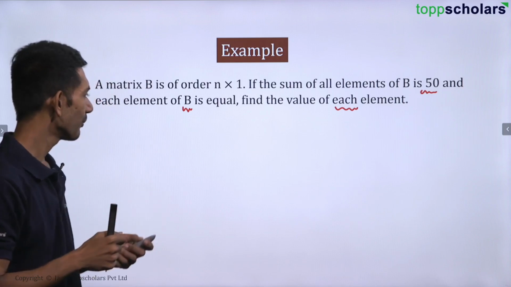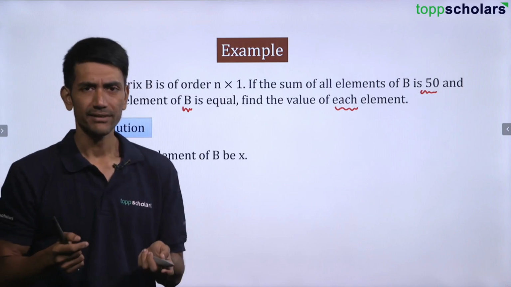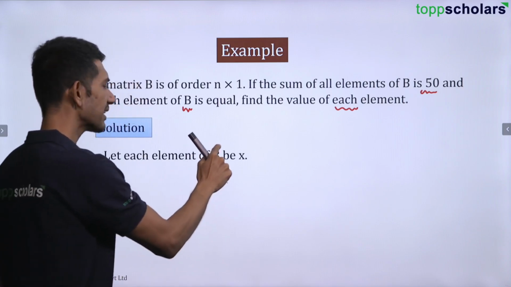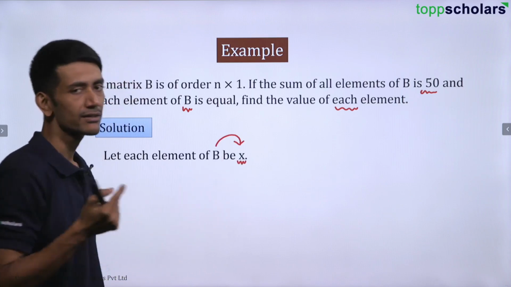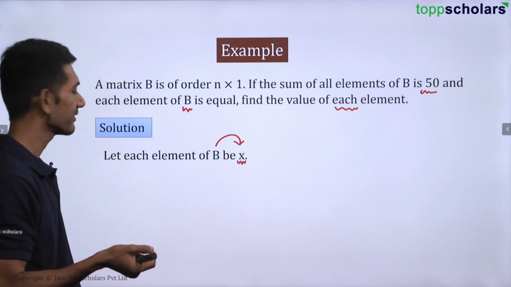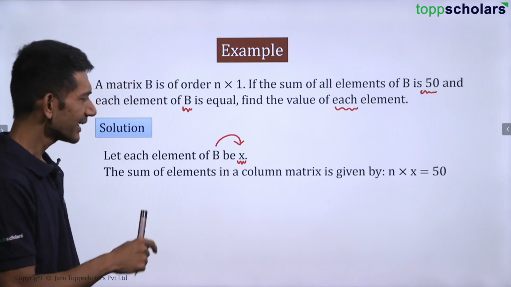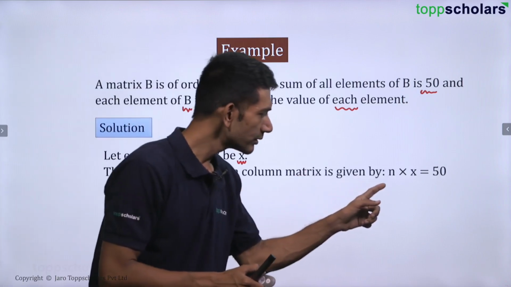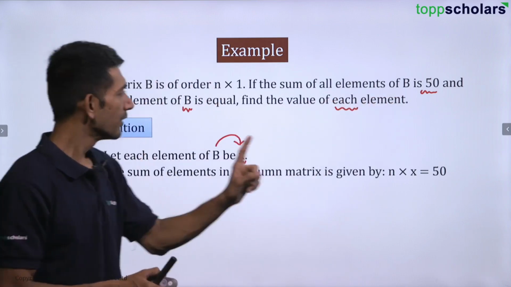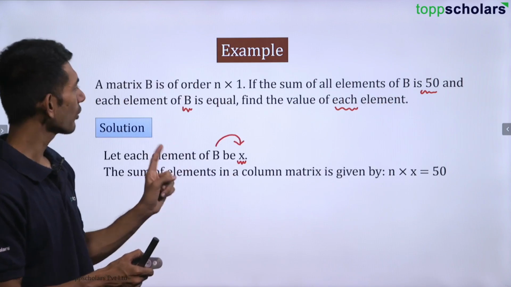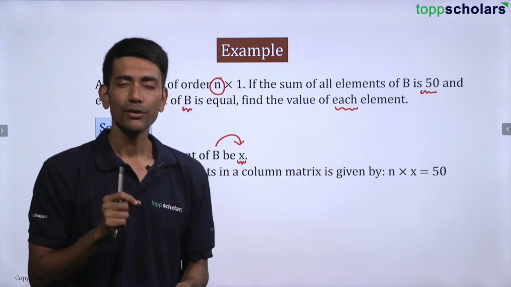So, observe this. Firstly, we don't know the elements of B, right? So we are assuming let each element of B be x. Basically, here we are just supposed to find out the value of x, isn't it? Further, the sum is given to us. The number of rows is already given to us.